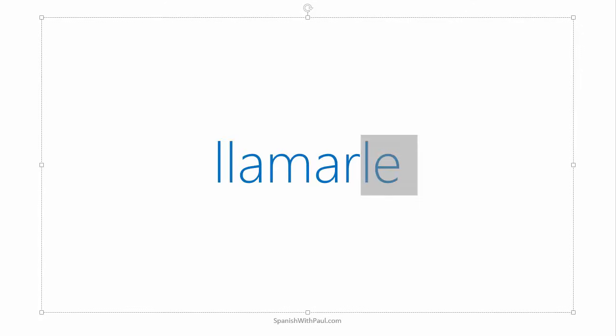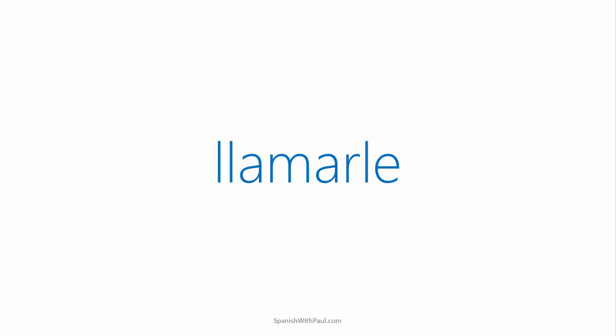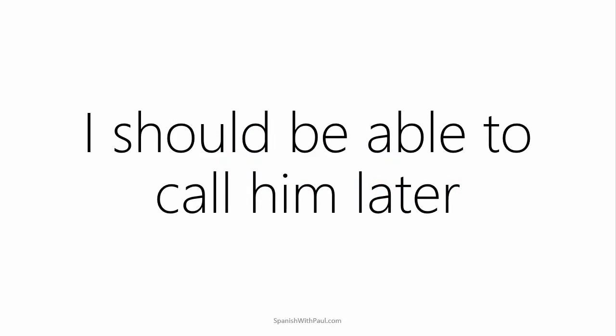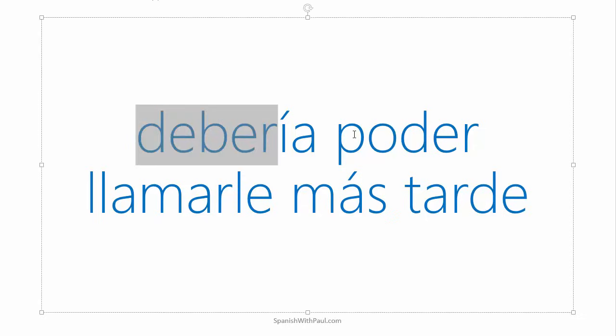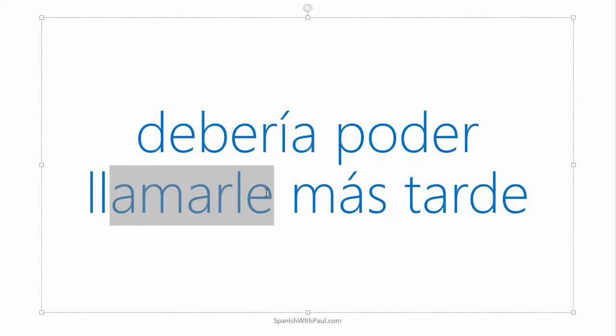The le stands for both of them. How would you say, I should be able to call him later? Debería poder llamarle más tarde. Here we have I should be able to call him.